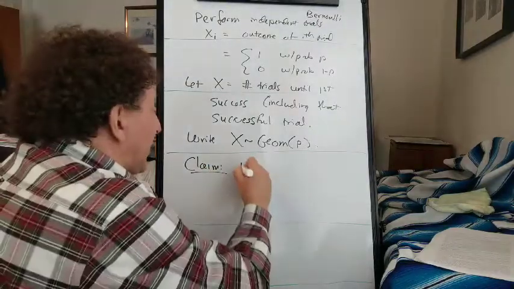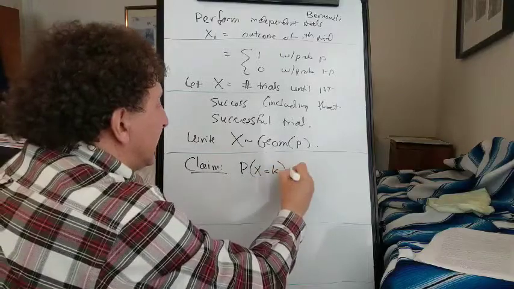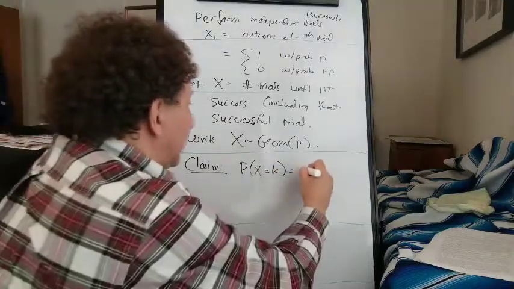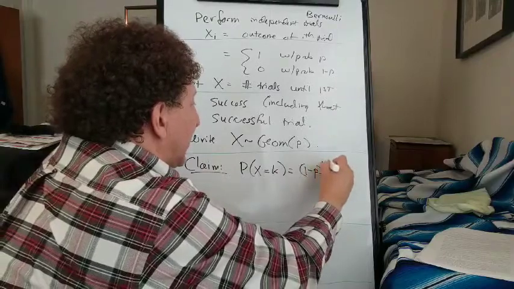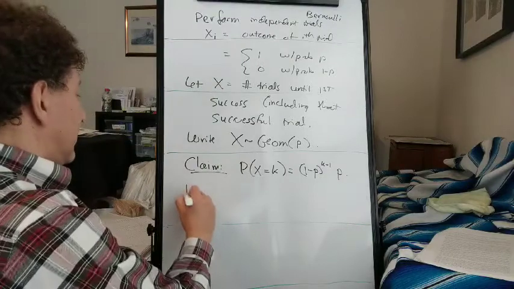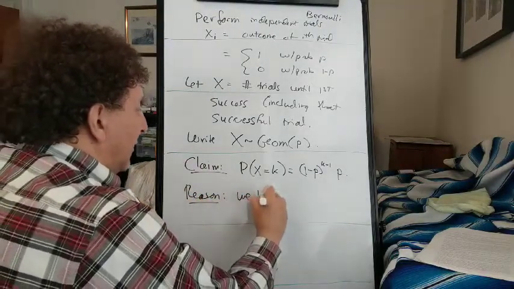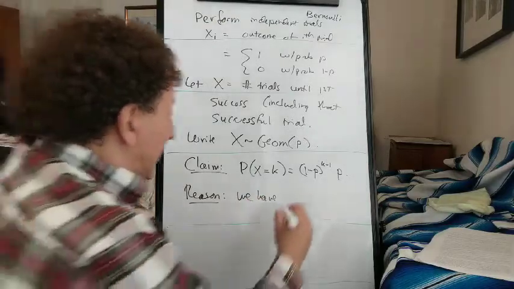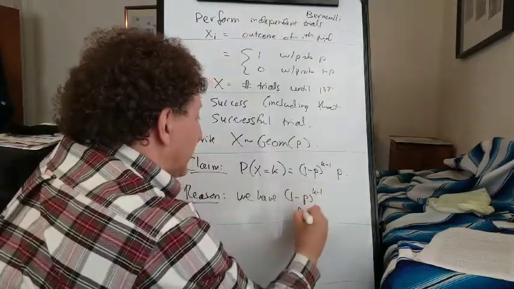I claim that the probability that x equals k is (1 minus p) to the k minus 1, times p. And the reason is we have 1 minus p is the probability of failure.